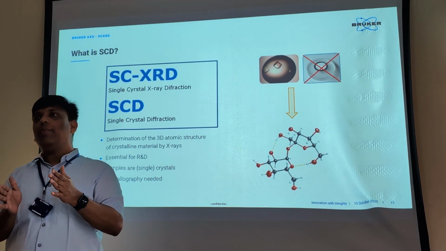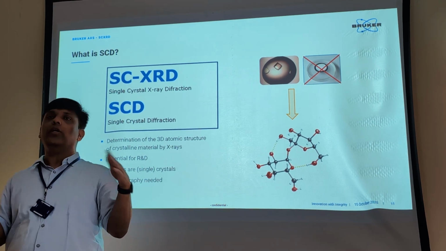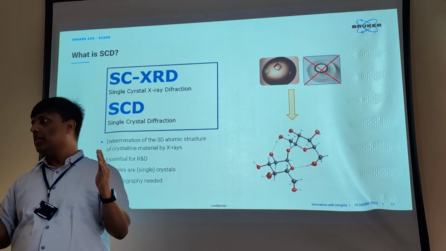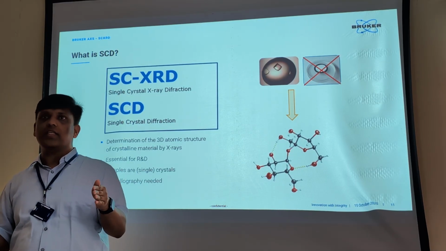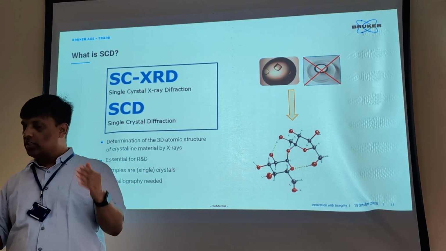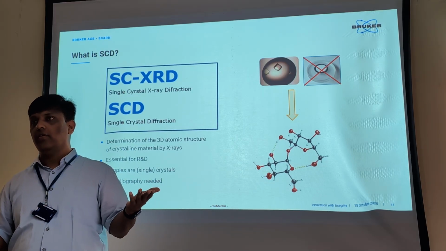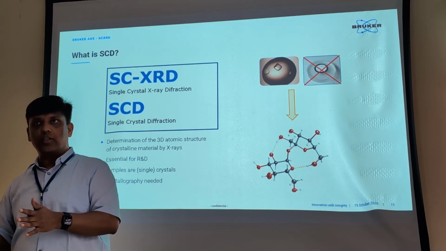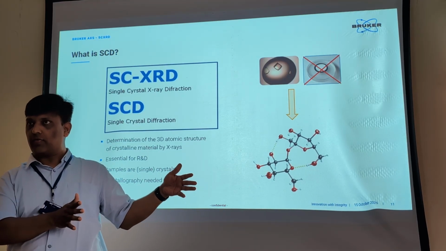That is the only reason you cannot do quantification. Otherwise, for phase analysis you can easily do any of your powders. If you just want to understand the phases of a material, just put it on this single crystal instrument. It will take a few minutes. So you can use this diffractometer for powder analysis as well.